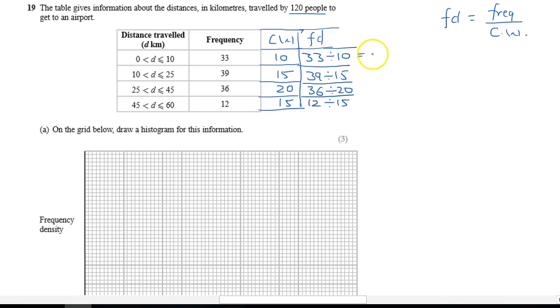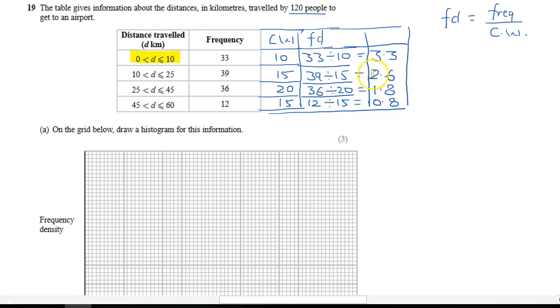So this is 3.3, this is 2.6, this is 1.8, and this is 0.8. So this is the frequency density.